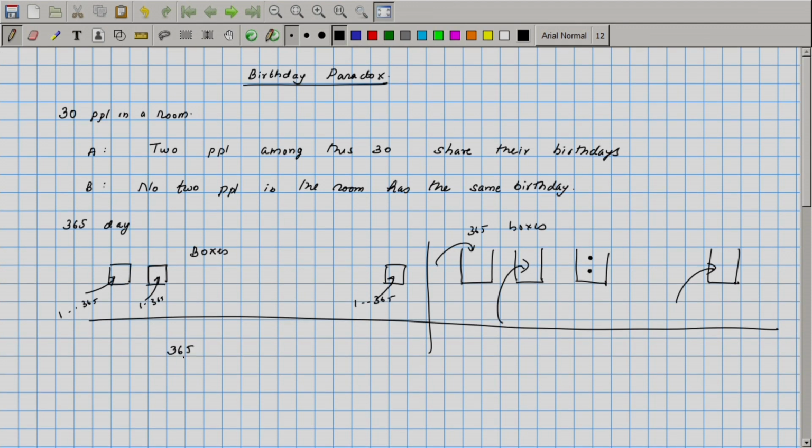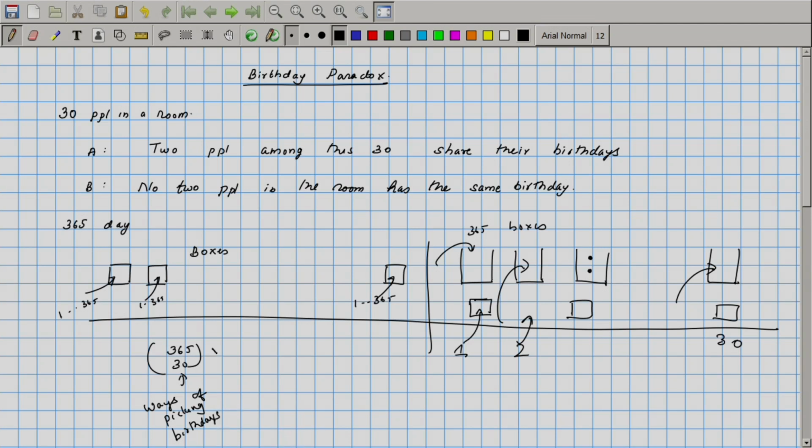So, 365 choose 30 is the number of ways of picking birthdays, and once you have picked the birthdays, we could assign the first person here, the second person here, and so on, or any permutation of 1 to 30 for these days chosen.